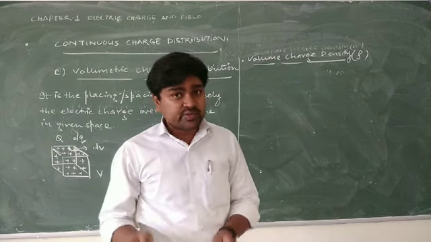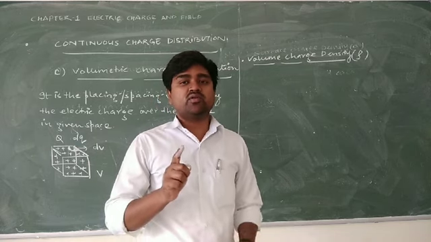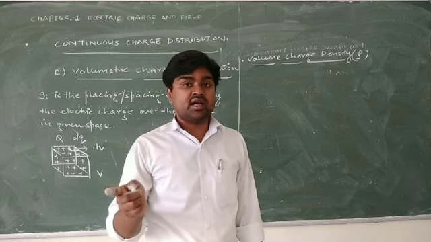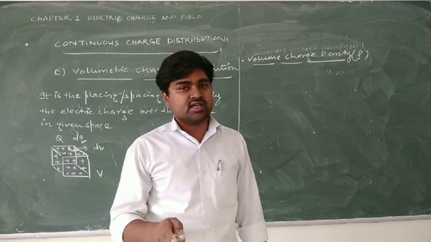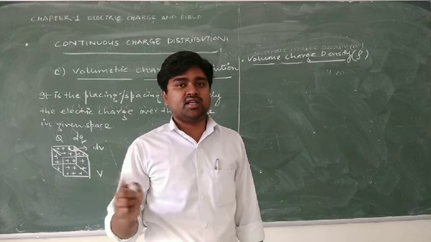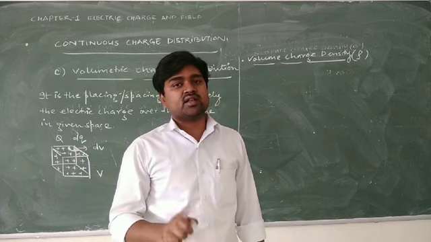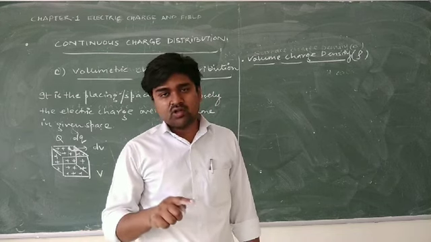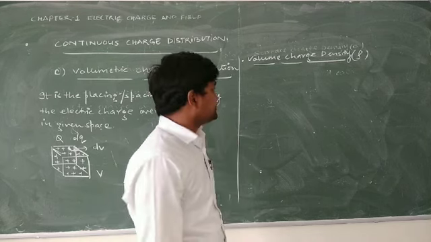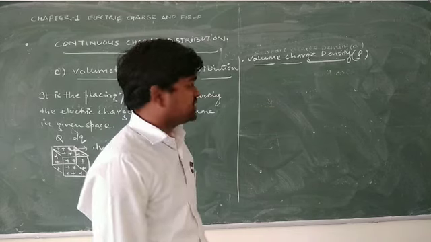It is not compulsory to take rho. You can take any letter, but you have to mention that that letter is being used for the volume charge density. Similarly, for surface charge density and linear charge density, you can use any letter, but you have to specify for which density you are using that letter, right? So here I have taken rho for the volume charge density.